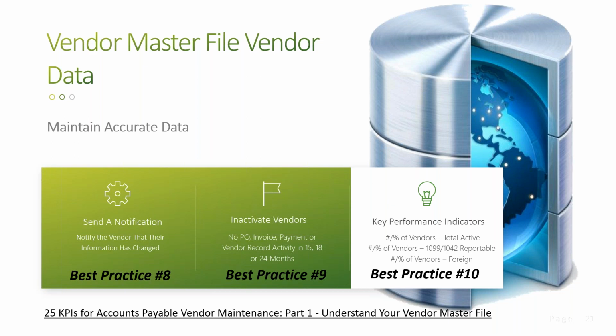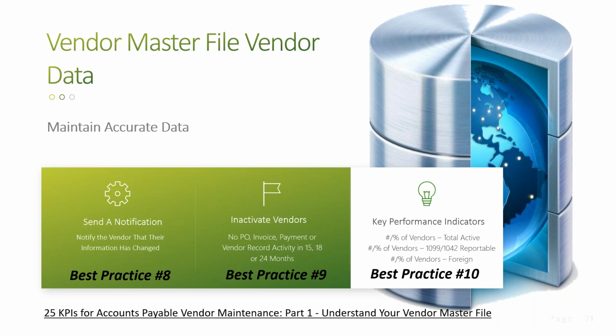You can also use it to determine whether you are over the threshold and must file electronically at the state or federal level when you're doing your 1099s with the IRS or with the state, and to determine the number of team members needed to do that whole process annually.